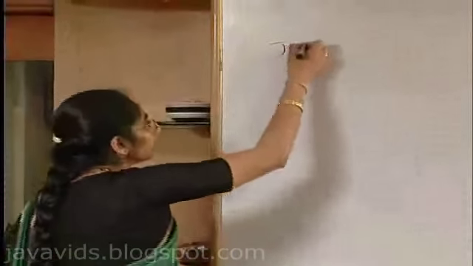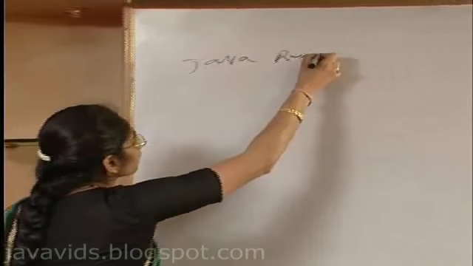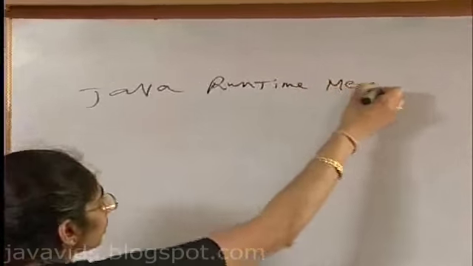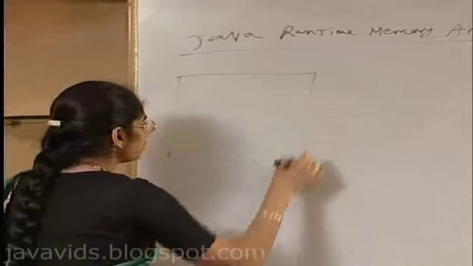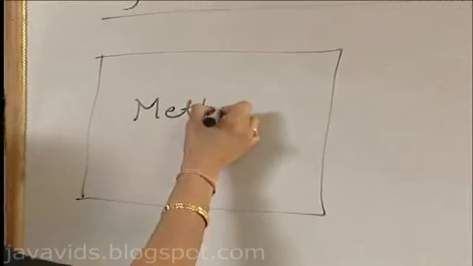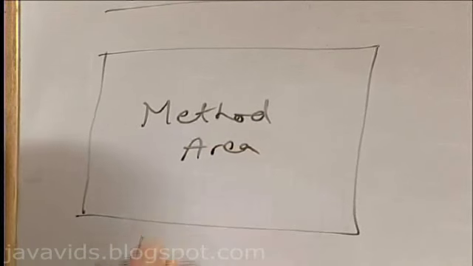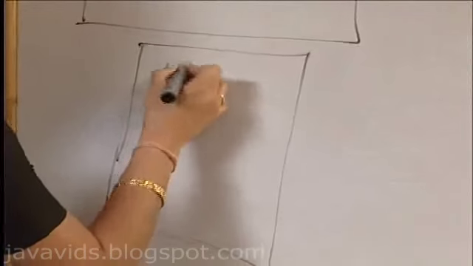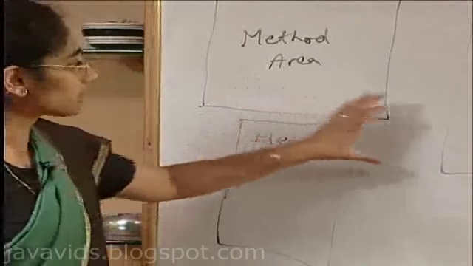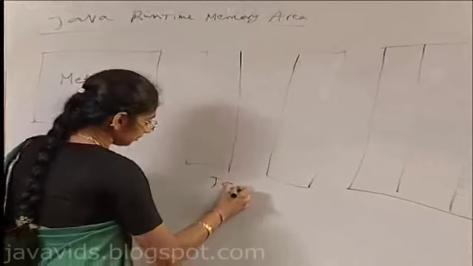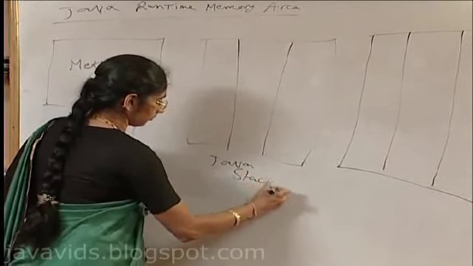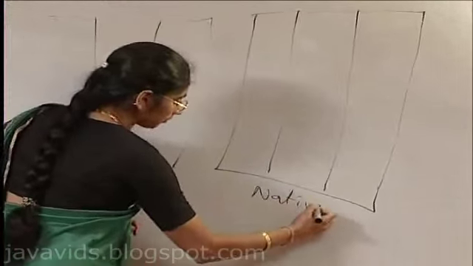Moving on further, let's look at the Java runtime memory area. In the Java runtime memory area, we have what is known as a method area, the heap, the Java stack, and the native stack.